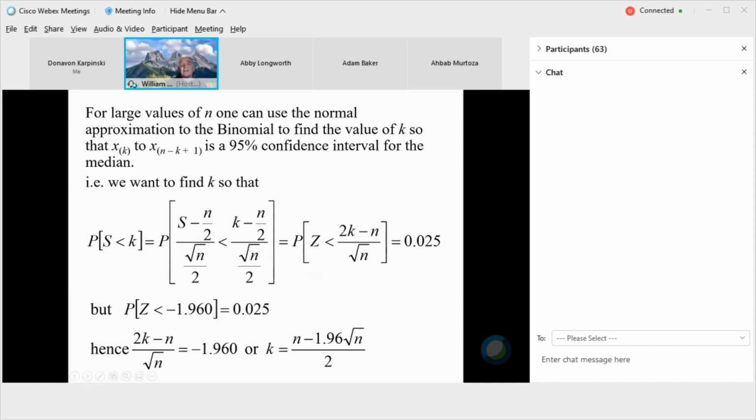So if I want to find the value of k such that the probability S is less than k is equal to 0.025, that's finding the value of (2k minus n) over square root of n that has an area of 0.025 below it. I know that it has to be minus 1.96. So (2k minus n) over square root of n is equal to minus 1.96. And from that, we can find the value of k, just solving for k in terms of n.